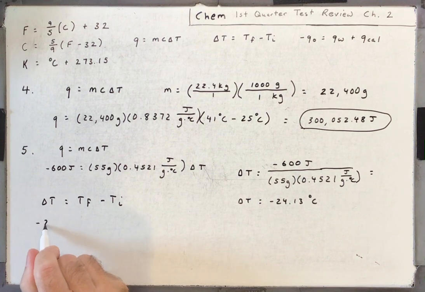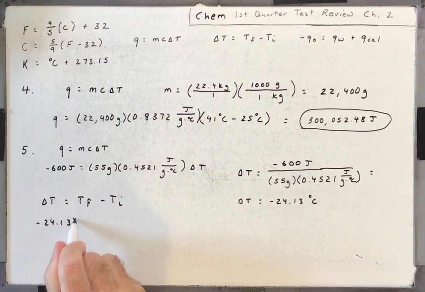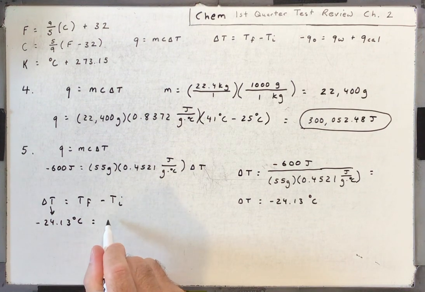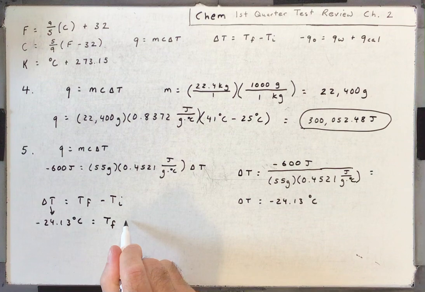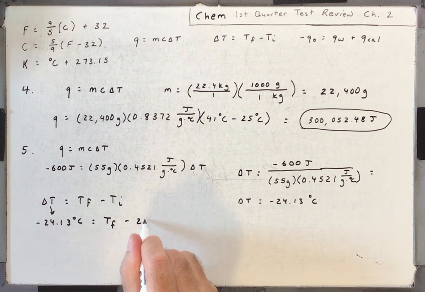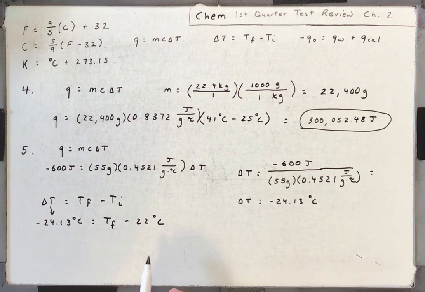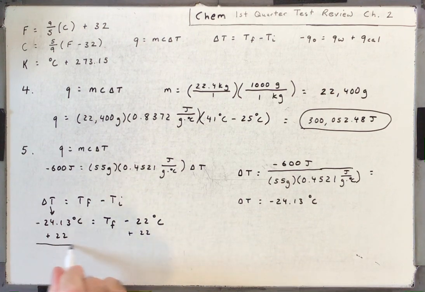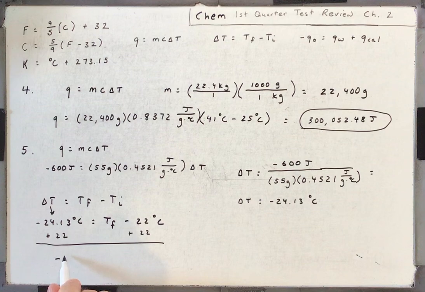So I have negative 24.13 degrees C, that's delta T, is equal to T final minus, and from the problem it says it starts with a temperature of 22 degrees C. So we're going to add 22 to each side. And I would have negative 2.13 degrees C is equal to the final temperature.